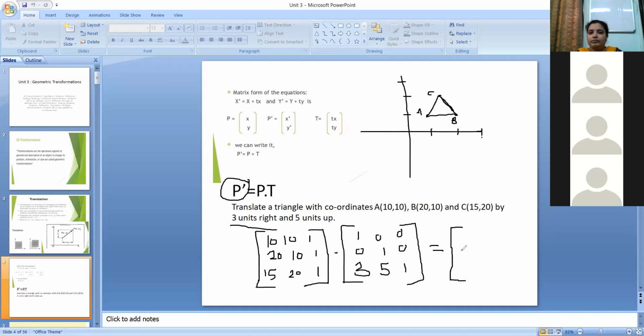And after shifting it, 10 plus 3, so I will have 13, 10 plus 5, I will have 15.